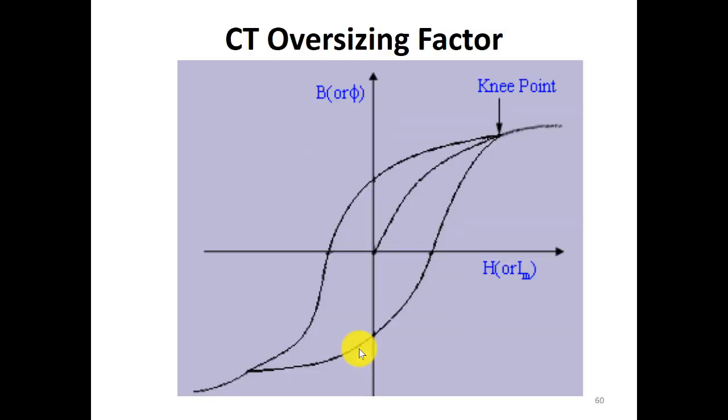Now we can see here, this is why the saturation happens. It is because of this BH curve. We know this, you have already studied this in your machines course as well, right? So when we apply a sinusoidal voltage, the BH curve looks like this, right?